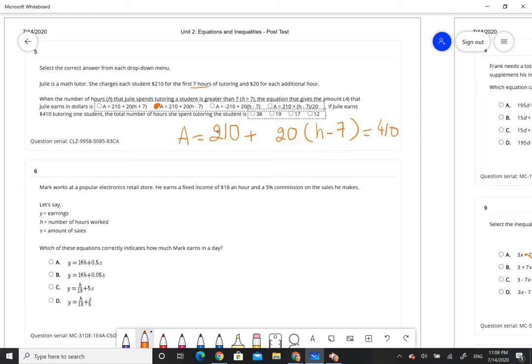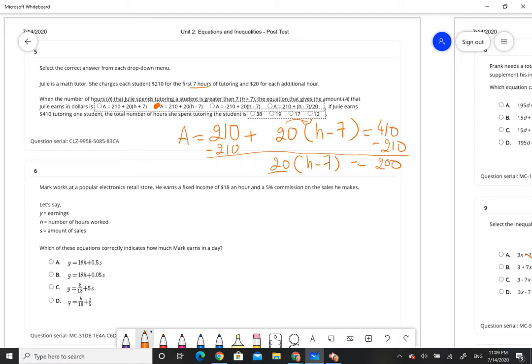Just to solve it first, you could subtract 210 from both sides, right? Instead of distributing, we can do that. And then when you do that, you have 20 times H minus 7 equal 410 minus 210, which is 200, right?